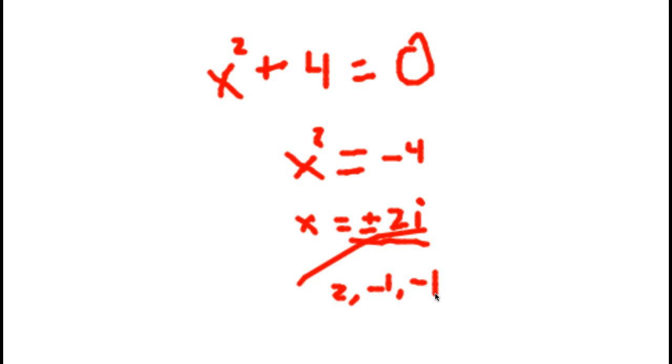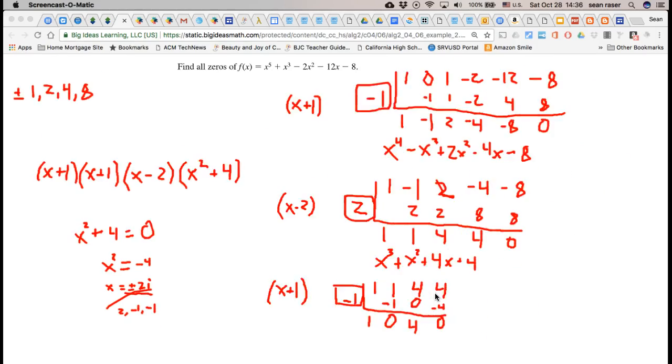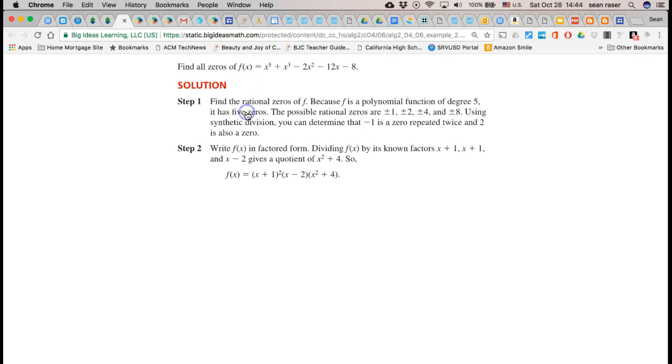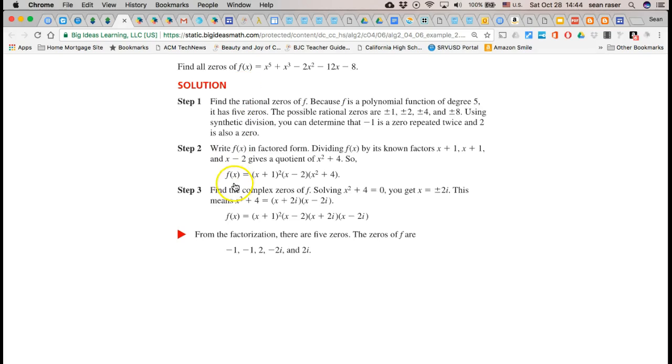But it goes so fast, and you get comfortable doing it over and over again, that you really do find it quickly. So let's go back to our original problem. The 5 solutions that we have from factoring it are negative 1, negative 1, 2, negative 2i, and positive 2i.